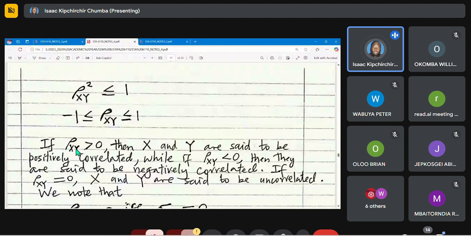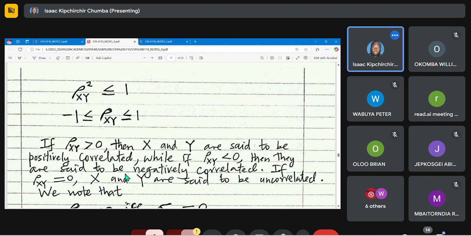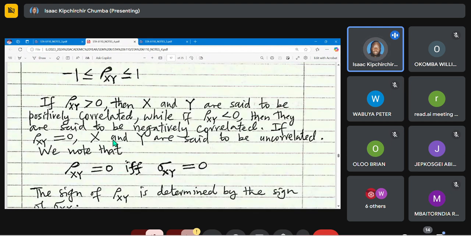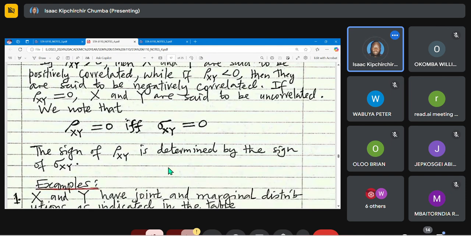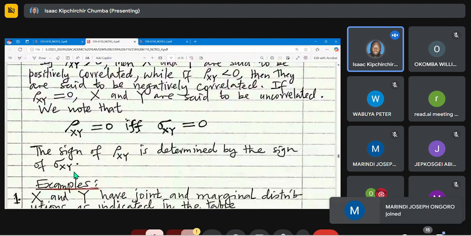If rho xy is positive, x and y are said to be positively correlated, while if it is negative, they are negatively correlated. If rho xy is 0, x and y are said to be uncorrelated. The correlation is 0 only if the covariance is 0. The sign of the correlation is determined by the sign of the covariance.